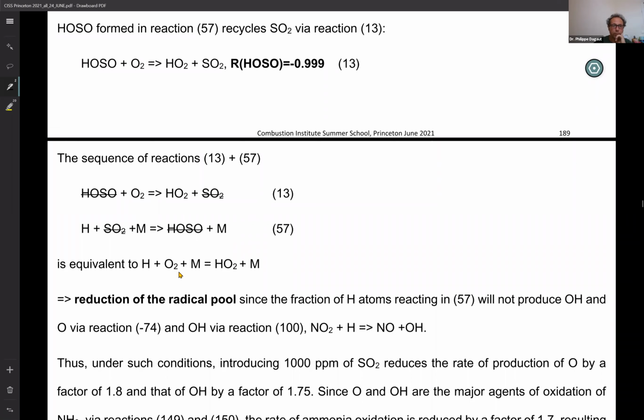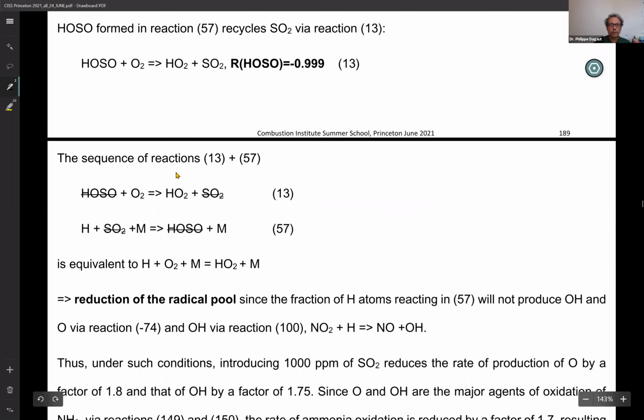So if we do, we have H plus O2 plus M giving HO2 plus M. And if you remember, I told you that this reaction is responsible for the decrease of the oxidation of hydrogen that we saw 2 days ago.